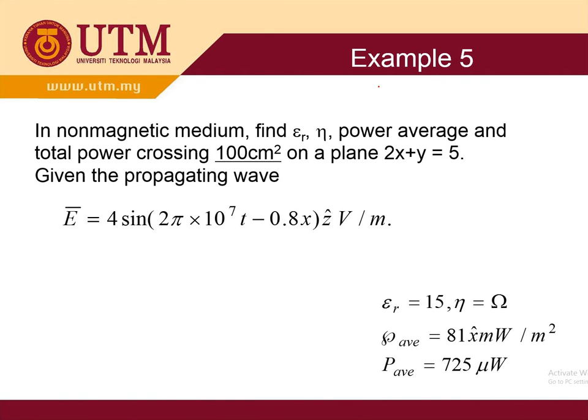We move to example 5. Okay, in a non-magnetic medium, find the relative dielectric constant, which can also be called the relative permittivity, the intrinsic impedance, the average power, and the total power crossing 100 centimeters squared.